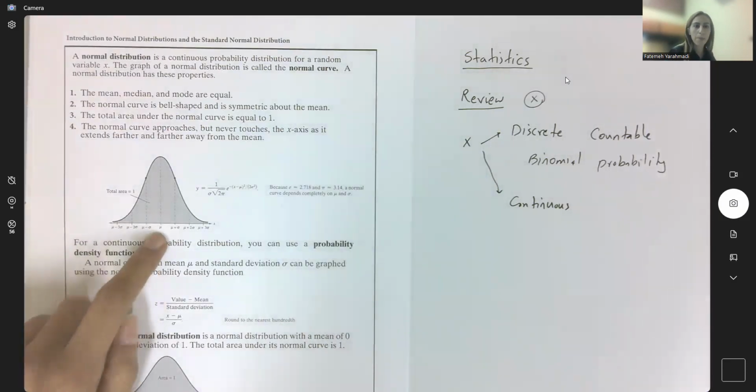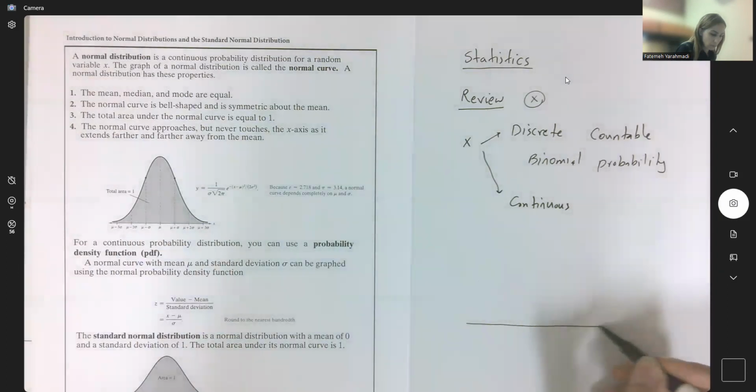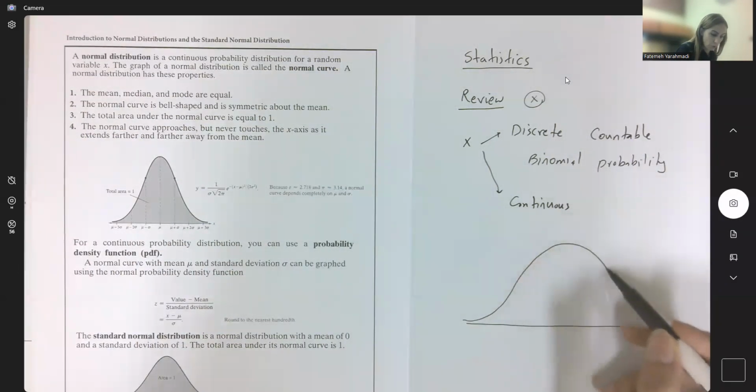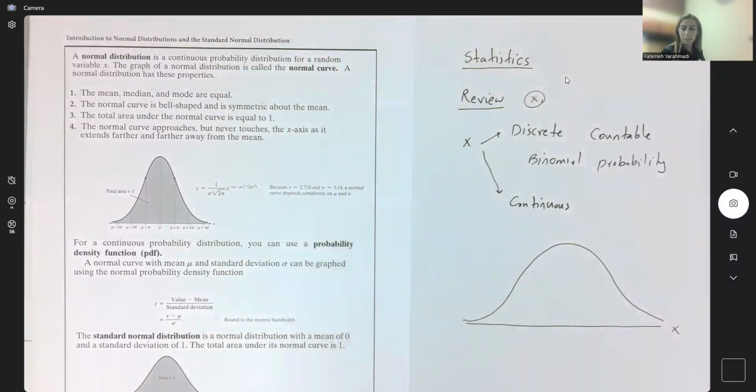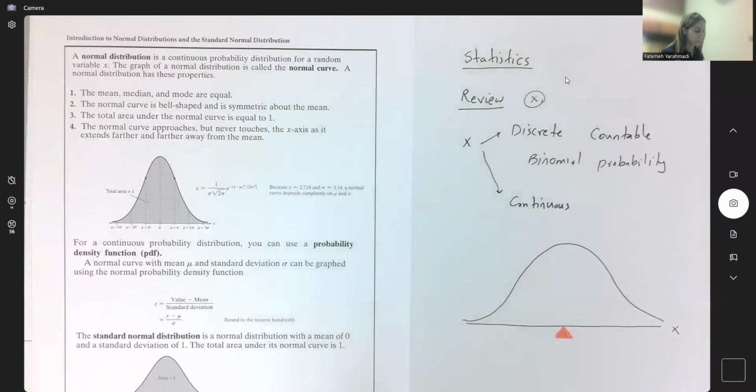It's going to be the balancing point, all right? The balancing point for your graph. So for random variable X, you have your normal curve, and the balancing point, as you remember, just balances the graph, balances the data, the center here.